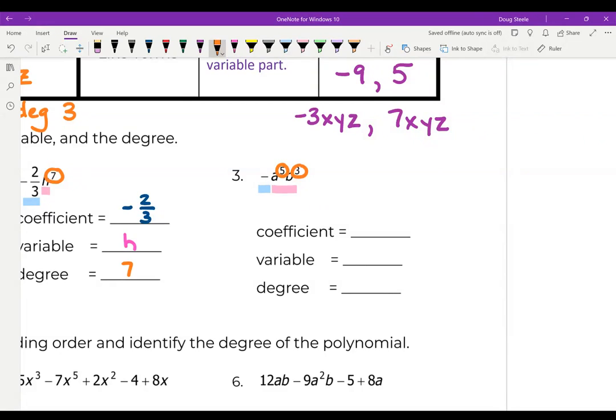To go through this one, first off, our coefficient. I don't see a number here. So that's important. We have a convention that when we don't see a number for our coefficient, we're going to assume 1.